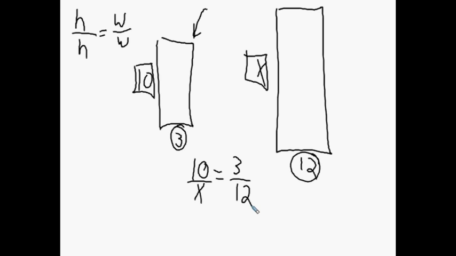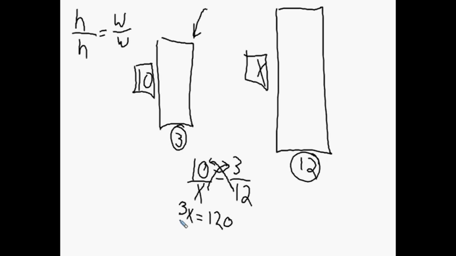So we're doing our cross products. I'll take x times 3 and get 3x. I'm going to take 10 times 12 and get 120. And then I simply follow my simple one-step equation.